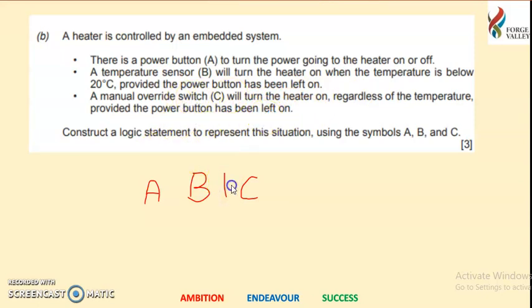Okay, so that is our OR. And we need A and B. So we need the power on or off, and we need the heater. So that's our different gates.